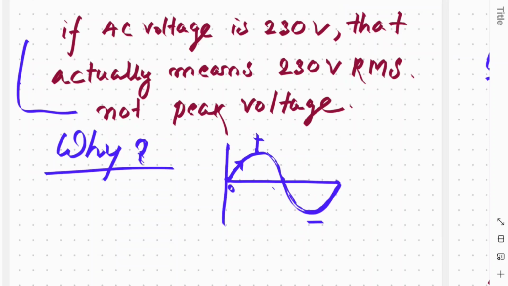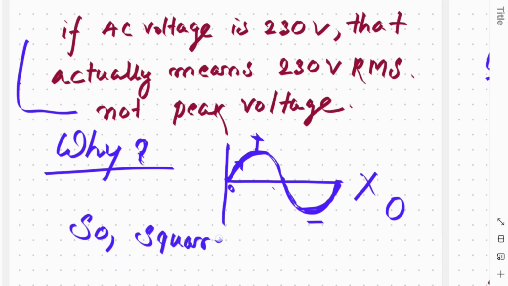If we simply take the average of this waveform, then the positive and negative parts will cancel out. In that case, the average value will be 0, which is useless. So what we can do is square the wave, which makes all values positive.